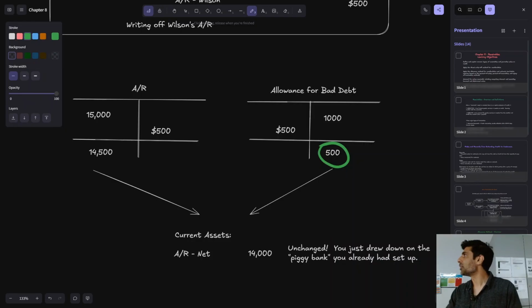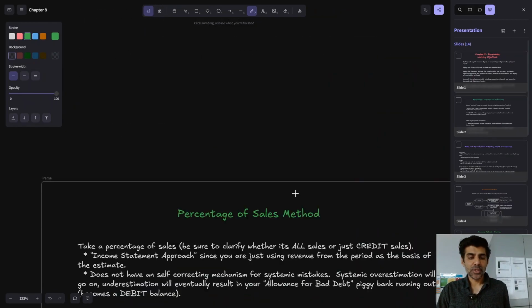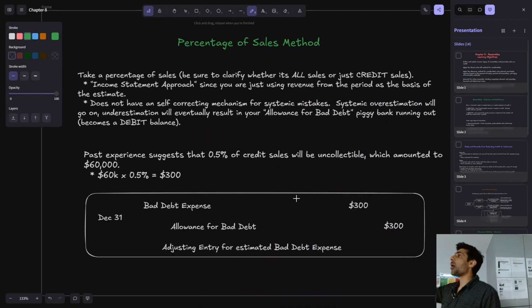So at that point, if you're using percentage of sales, you'll probably have to make a large bad debt expense correcting entry, to not only make up for all the previous periods you've been underestimating, but to also get a credit balance back into the allowance. So that's what a lot of businesses will do. They'll underestimate the allowance for this kind of stuff, and then some new CEO takes over, and it's not your problem anymore.